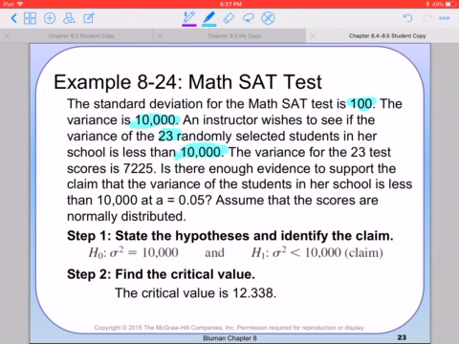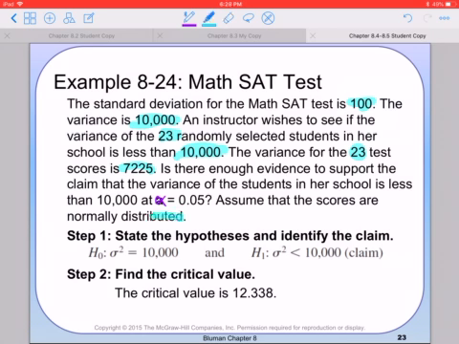The variance for the 23 test scores is 7,225. Is there enough evidence to support the claim that the variance of the students in her school is less than 10,000 at alpha being 0.05? Assume the scores are normally distributed.